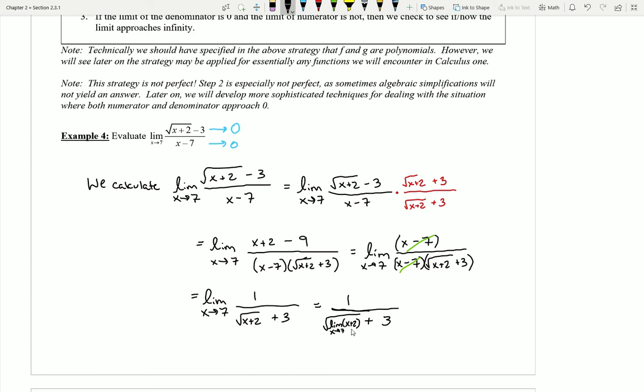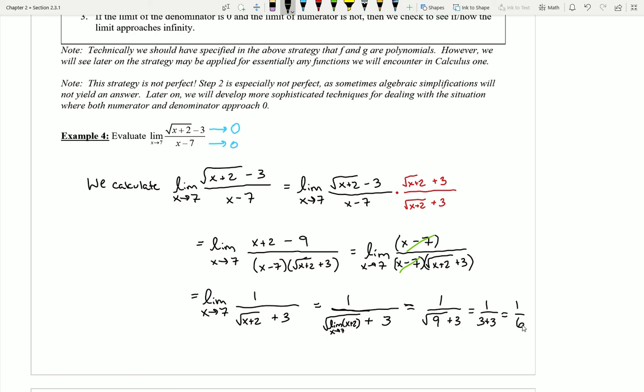Oh, and here's a great moment. x plus 2 is actually just a polynomial, so I can direct substitute. So that means I get 1 over the square root of 9 plus 3. That's 1 over 3 plus 3, so that's 1 over 6.